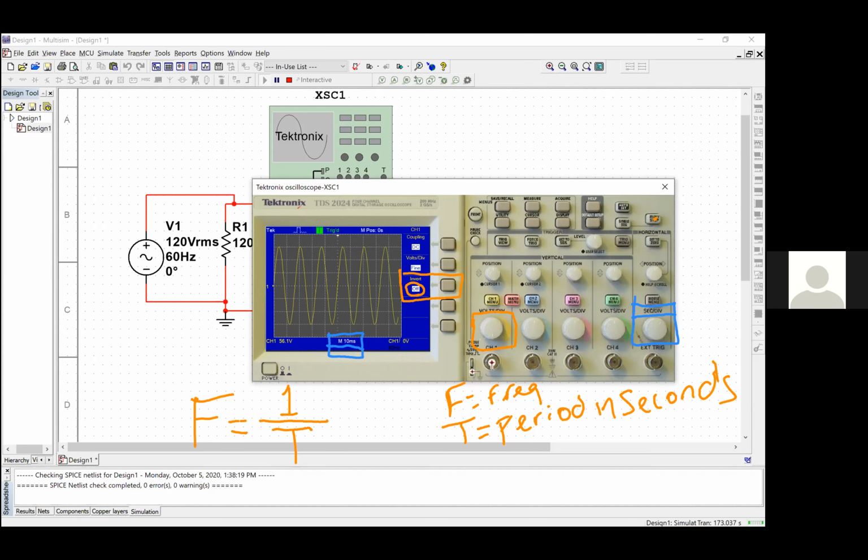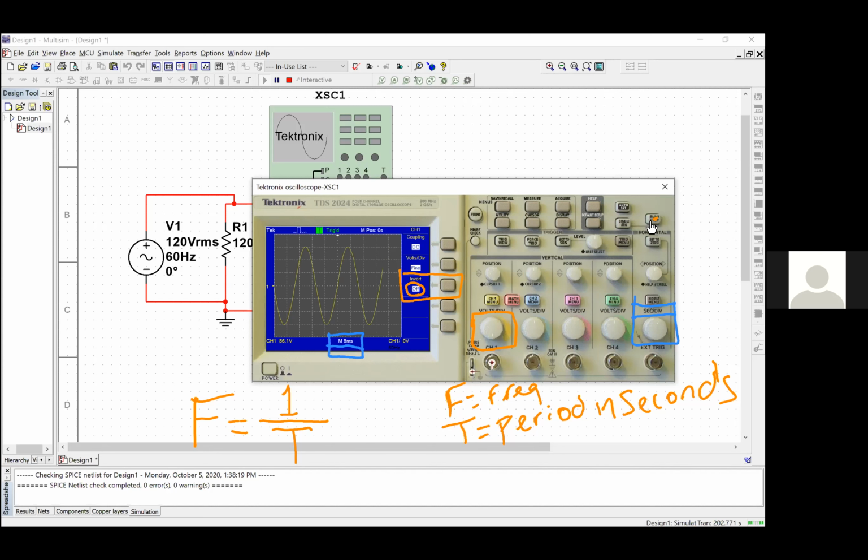So you will always try to get a signal that is going to display at least 2 full wave patterns on the screen. That way you are going to get an accurate reading of the period. So this signal that I have on the screen right now would be a pretty nice signal in order to measure the frequency of the sine wave.